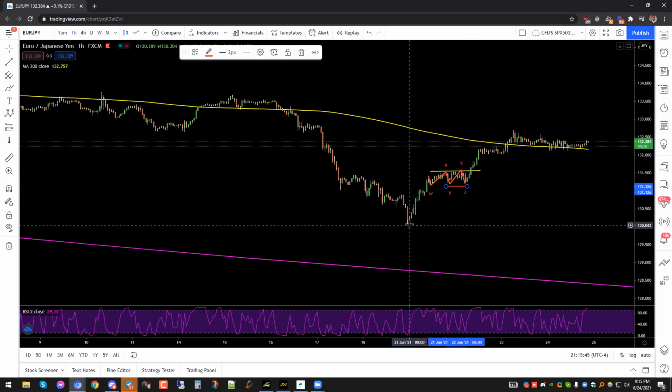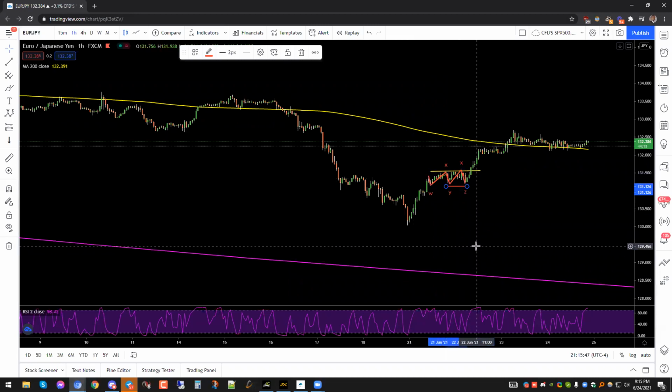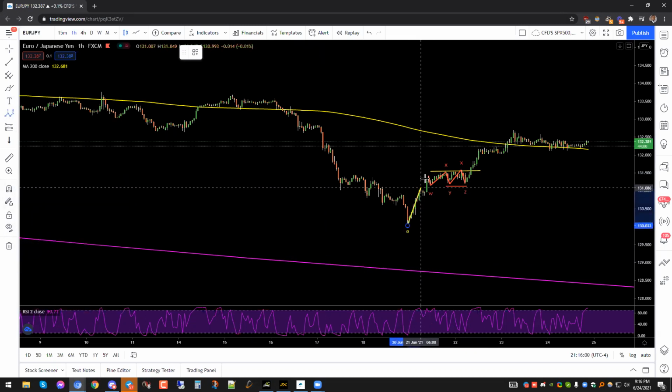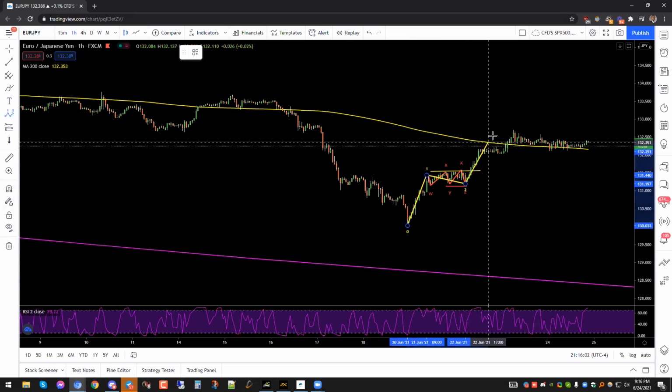I'm expecting this wave to complete itself first, because we need to count our waves as 1, 2, 3. And when I say 1, 2, 3, I mean we can say this is 1, this is 2, this is 3, like that. Okay?